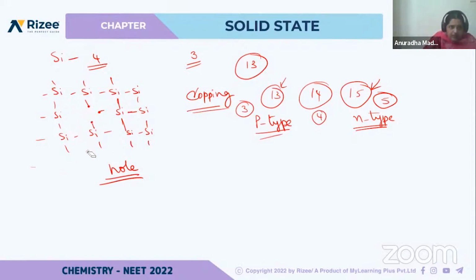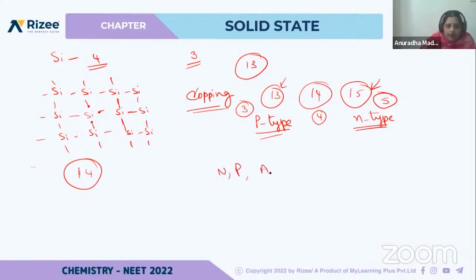First of all, we'll see normal silicon, a group 14 element. In that group 14 element, we are doping some element of group 15. What are group 15 elements?